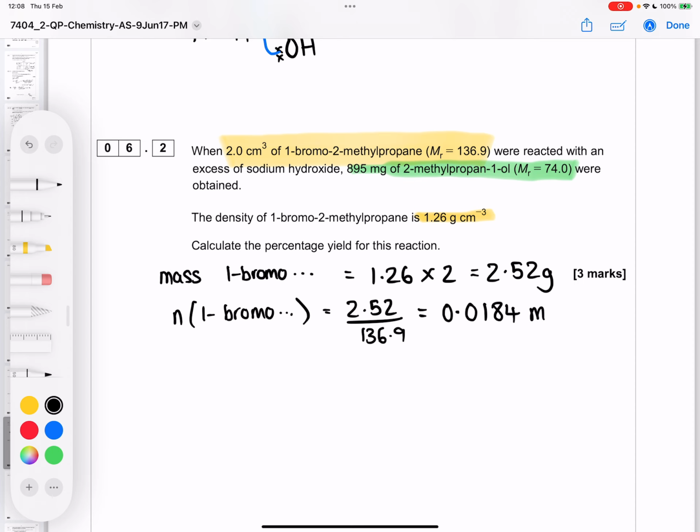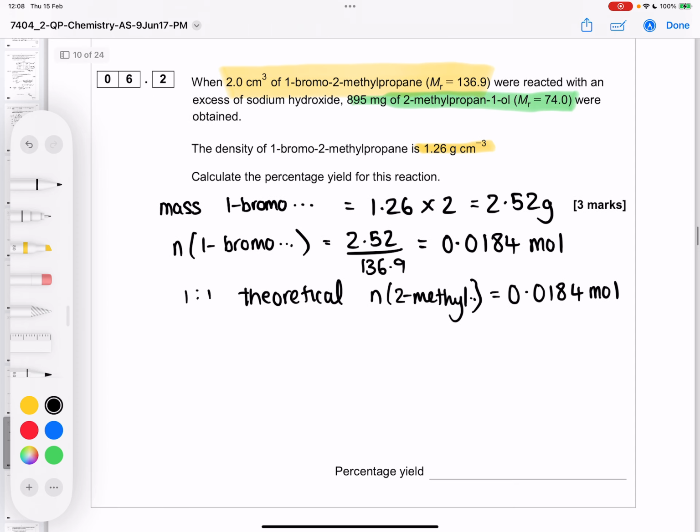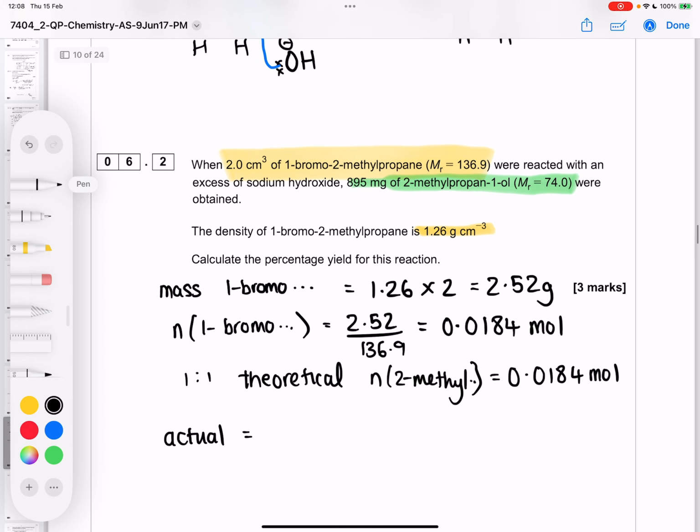If you do that on your calculator, you get 0.0184 moles. Now the equation shows us that the ratio is 1:1, so the theoretical maximum amount of the alcohol is the same as the amount we started with, because theoretically we should make the same amount. How much did we actually make? 895 milligrams.